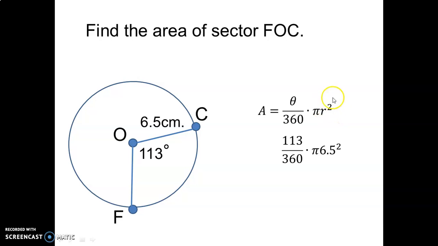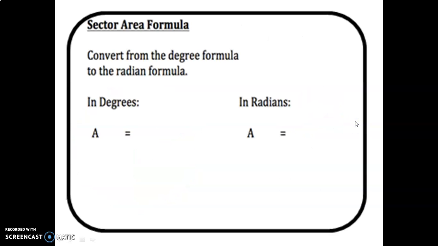So multiply all those, and you are left with this, which can also reduce to this if you get rid of the pi and multiply through. So again, remember sector area is a portion of the area, whereas arc length was a portion of the circumference, so this changed here.